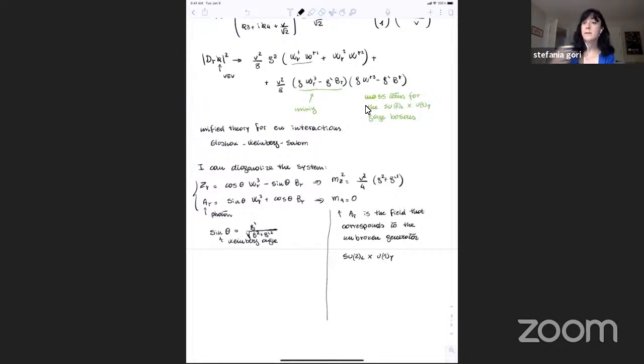We showed that the Higgs field is breaking this symmetry. But then actually there is a remnant, so a gauge group that is not broken by the Higgs field, that is the U1 electromagnetism. And the generator, as we mentioned yesterday, is given by the combination of T3, that is the third component of the isospin, plus Y, that is the hypercharge. Okay.